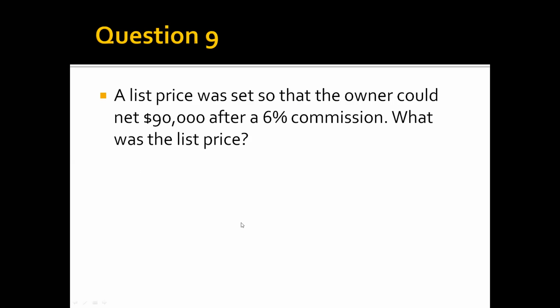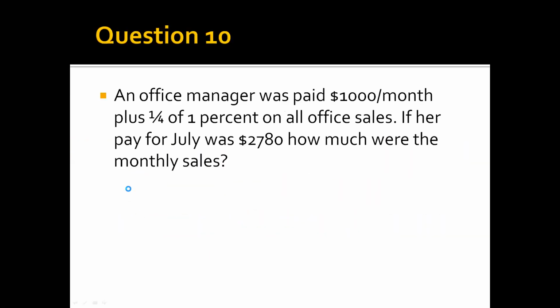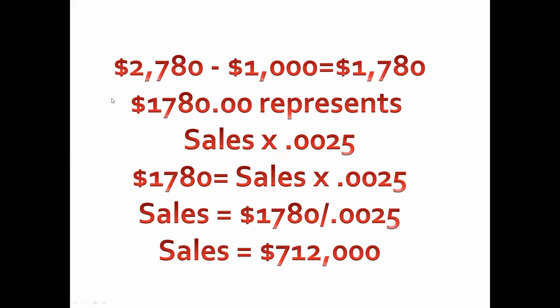So if the seller wants to put $90,000 in his pocket, we have to divide by the additive inverse of the commission. The commission, so sorry.